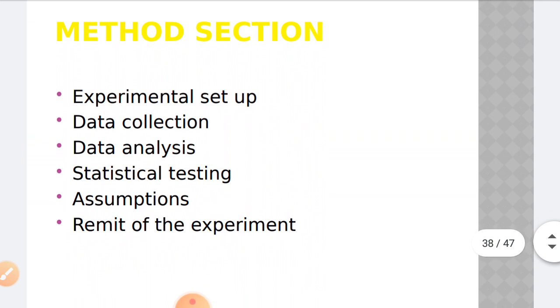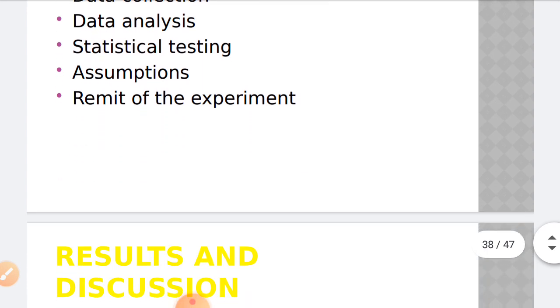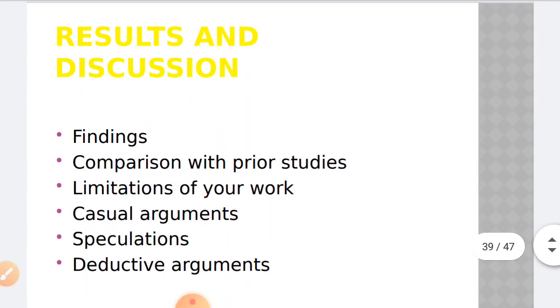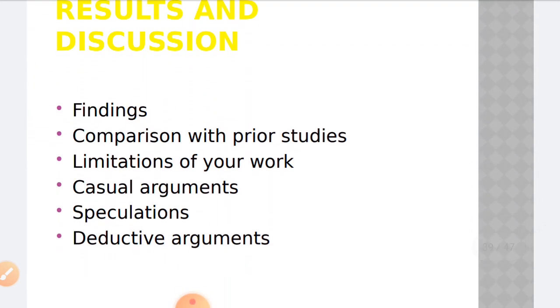The method section includes experimental setup, data collection, data analysis, statistical testing, assumptions, and so on and so forth. Results and discussions: your findings, comparison with prior studies, limitations of your work, casual arguments, speculations, deductive arguments.